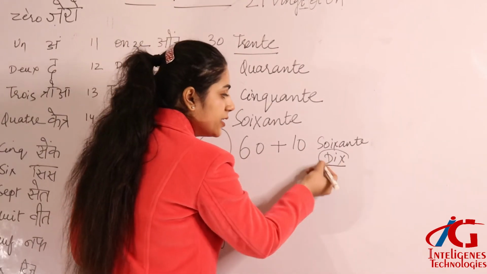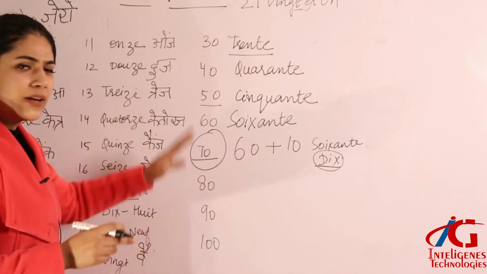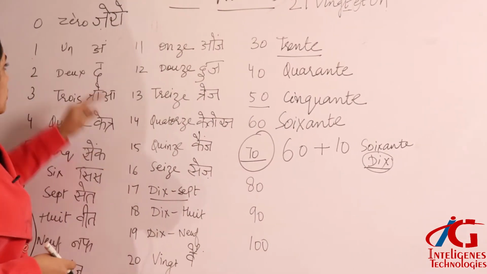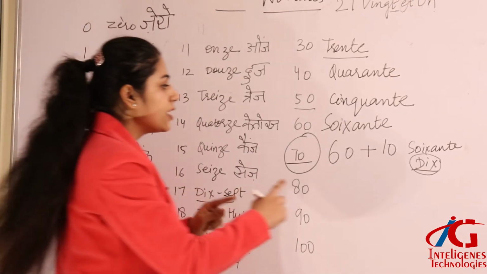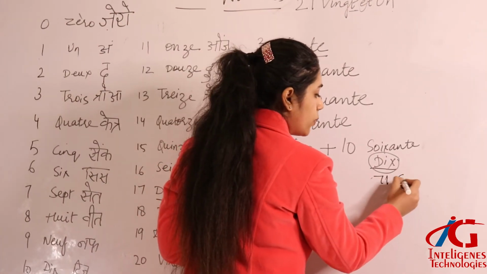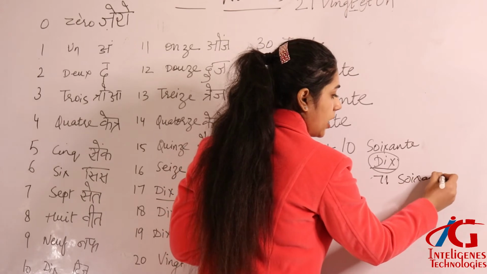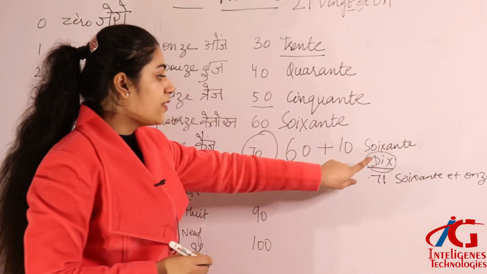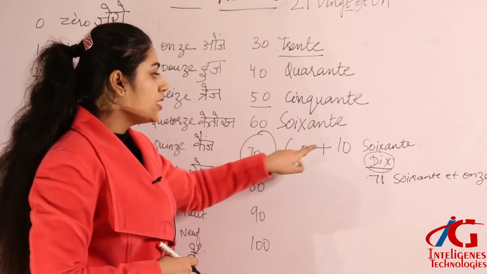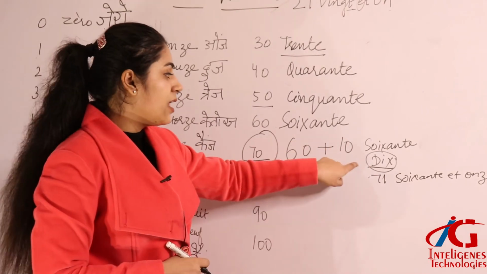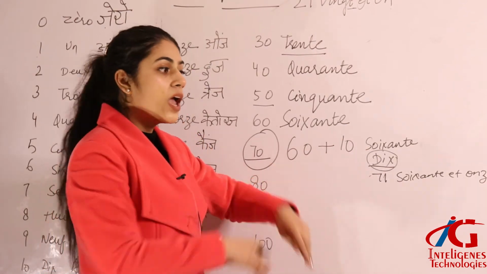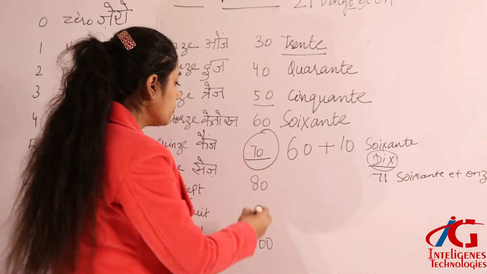So when you have this in the end in any counting, you will get to know later on, you have to follow this line, 11, 12, 13, instead of going to 1, 2, 3. So 71 would be soixante et onze. Why onze, not trois? Because we have this in the end, which is 60 and 10. So 60 and 11 would be 71, 60 and 12 would be 72, and followed the same way.